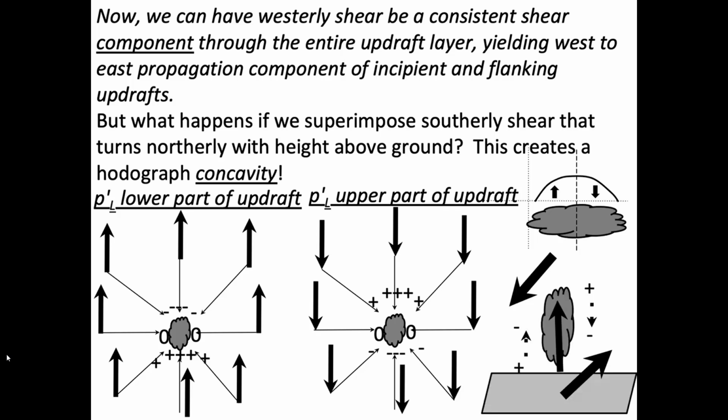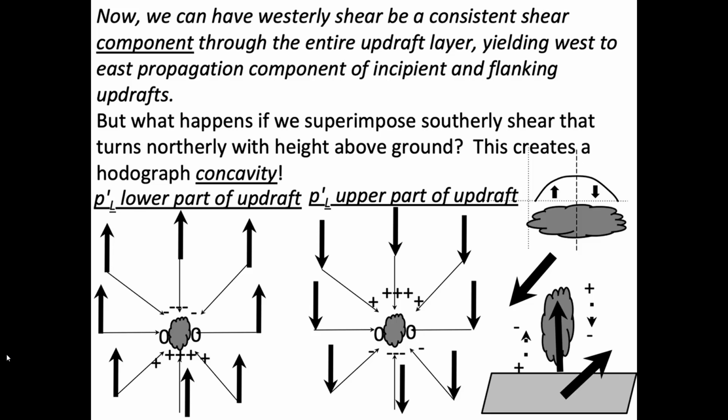What does this look like? Now let's look at the XY plane going into the slide. Now up is looking at this updraft. Here's our updraft, an incipient updraft, or any updraft for that matter.